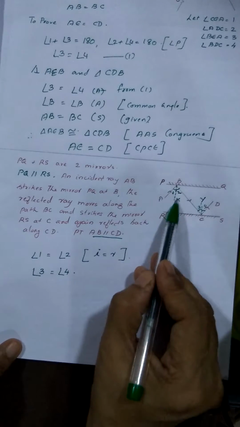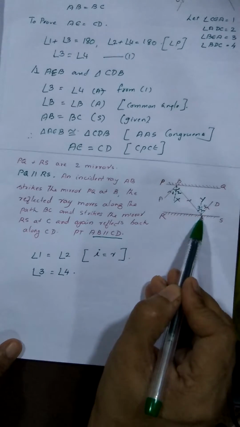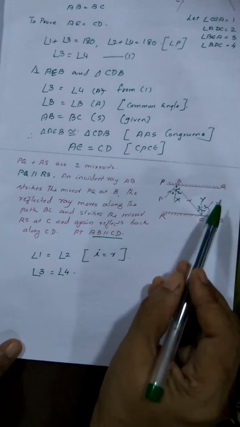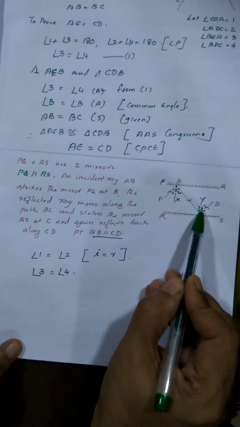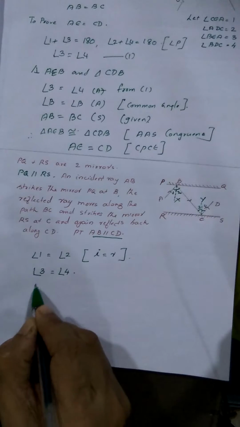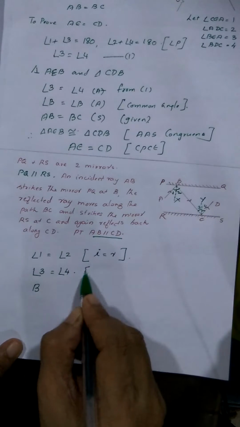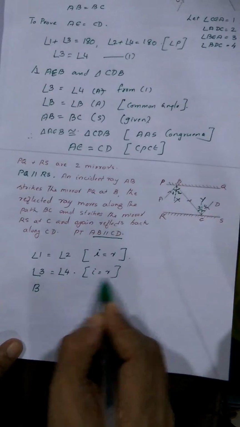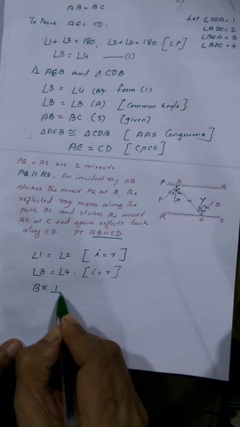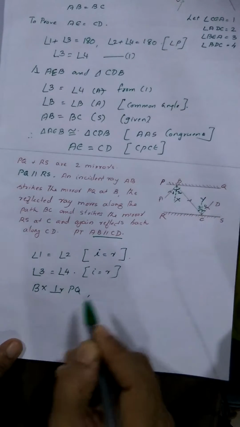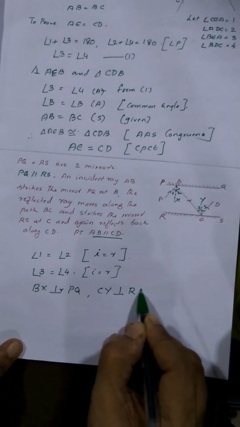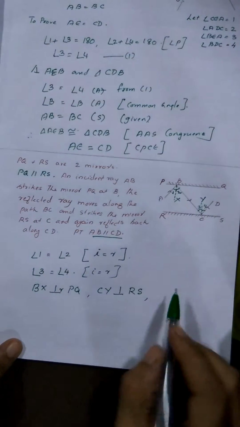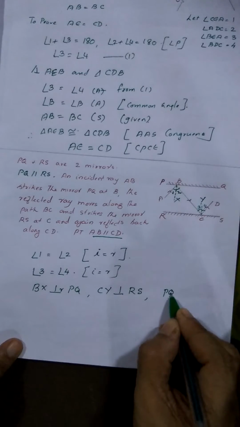Now BX is perpendicular to PQ, CY is perpendicular to RS. So BX will be parallel to CY. So BX is perpendicular to PQ, CY is perpendicular to RS, and PQ and RS are parallel.